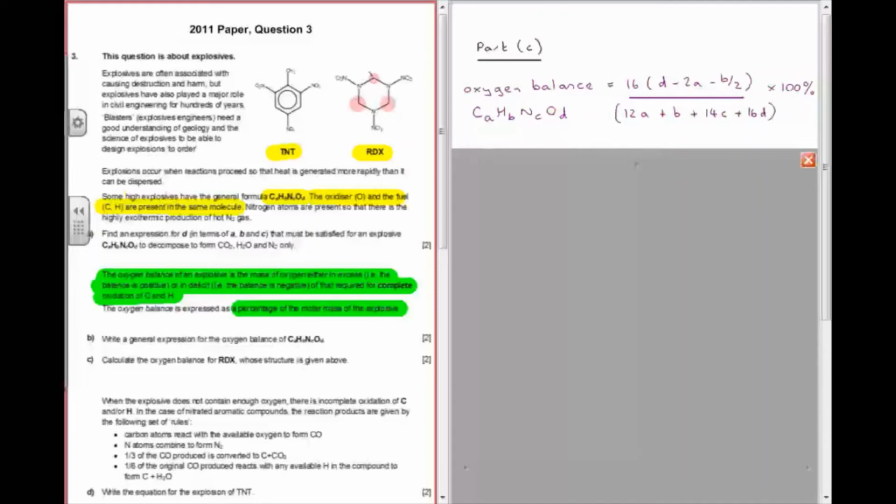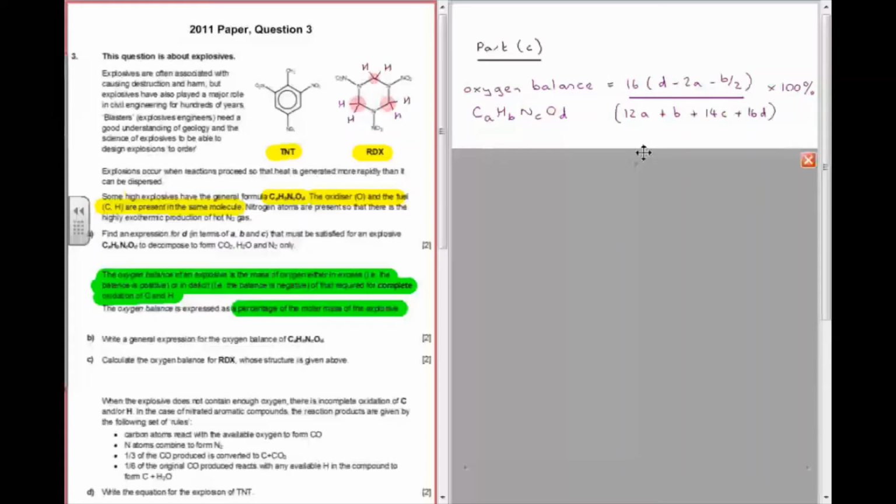So we can draw into our structure here the correct number of hydrogen atoms such that each of those pink carbon atoms has 4 bonds coming off it. It is actually best to draw out the structural formula of the molecule and then count up the number of carbon, hydrogen, nitrogen and oxygen atoms.